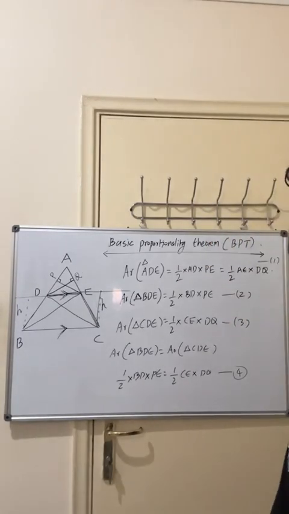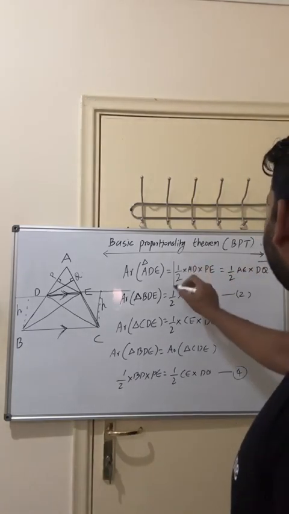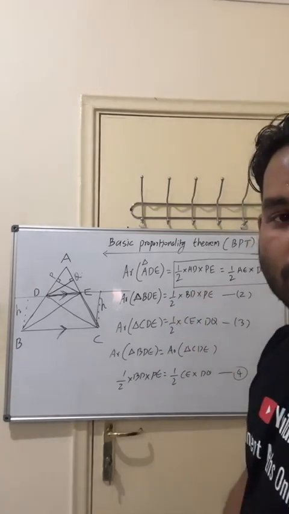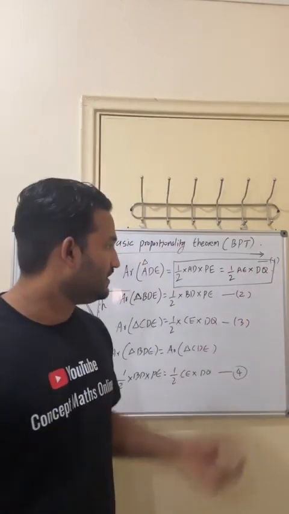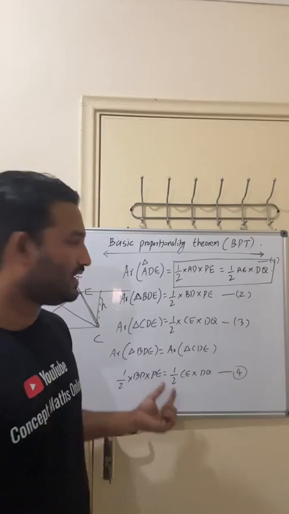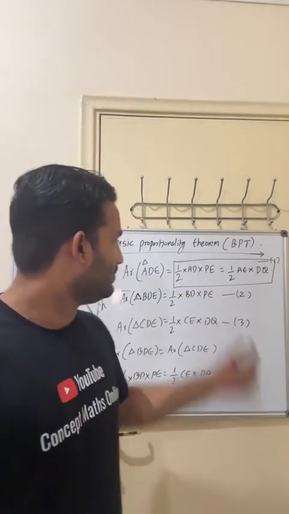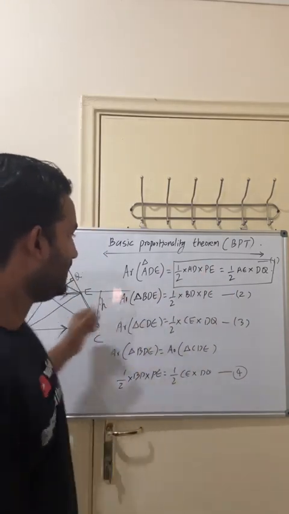Now from the first equation, we already have this equation, okay? Half into AD into P is equal to half into AE into DQ, okay? So we only need to divide equation 1 by equation 2. What happens in equation 1 by equation 2? The LHS half and P are the same, okay?